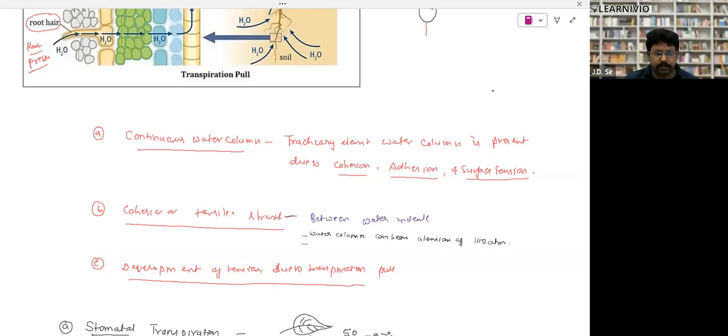Therefore, cohesion force is also called tensile strength.